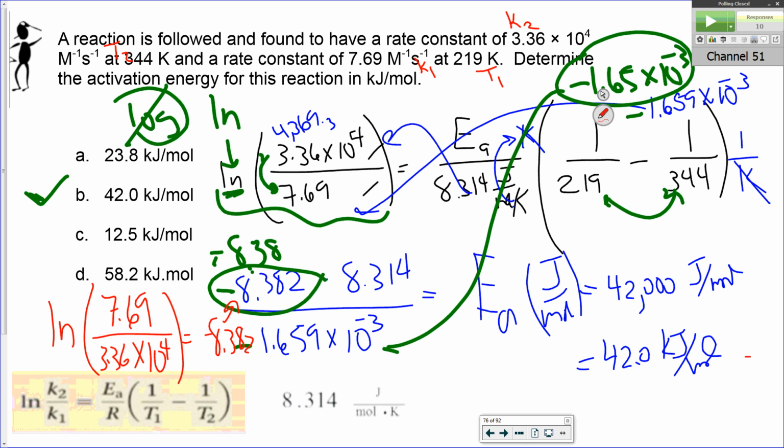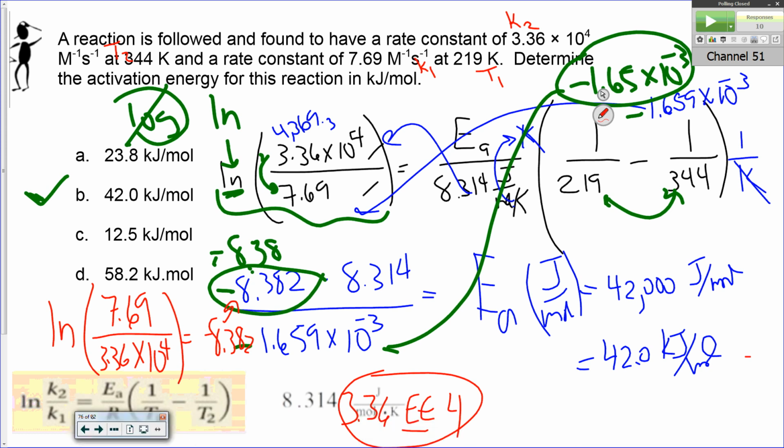Some calculators you have to do that, and that may be what's causing the problem. My calculator lets me hit the double E button, and I don't have to put parentheses. So I just write in 3.36, hit the double E button, and put 4. Close it. That's the reason I like my old ancient calculator, because you don't have to use any parentheses. Okay.